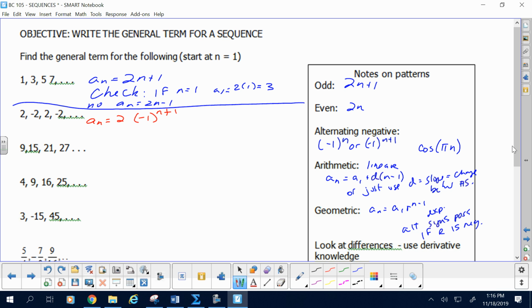What's the pattern? Adding 6. So, the nth term is adding 6 a bunch of times to what? 9 plus 6 times n minus 1 is the theory. Does it check out when n is 1? You get 9 plus no 6's. Does that check? When n is 2, you get 9 plus a 6.